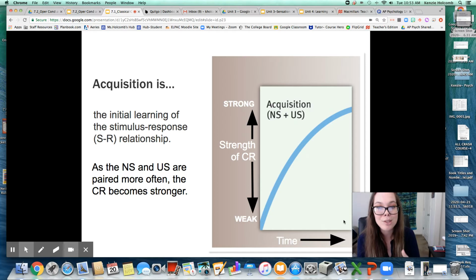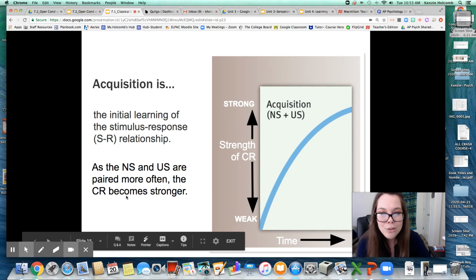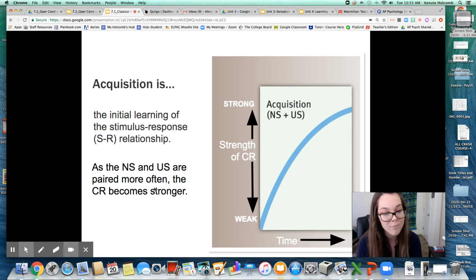So again, acquisition. Over time, the longer you condition, the stronger the relationship of the conditioned response, right? So if you only did this with your dog for like a month, it's not as strong, right? But if they did it for their whole life, oh yeah. So as the neutral stimulus and the unconditioned stimulus are paired more often, the conditioned response becomes stronger, right?